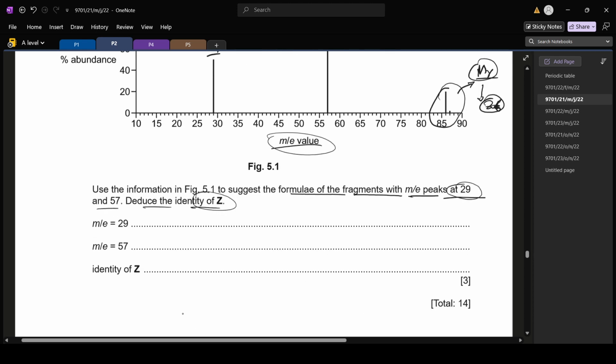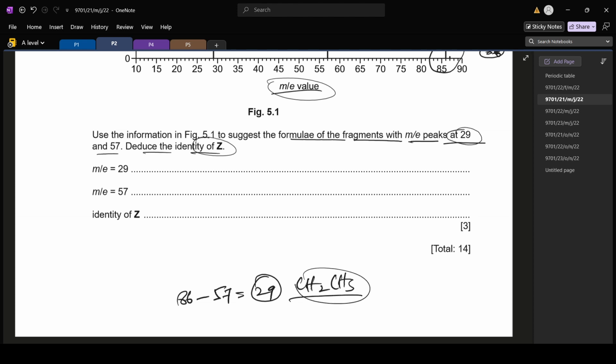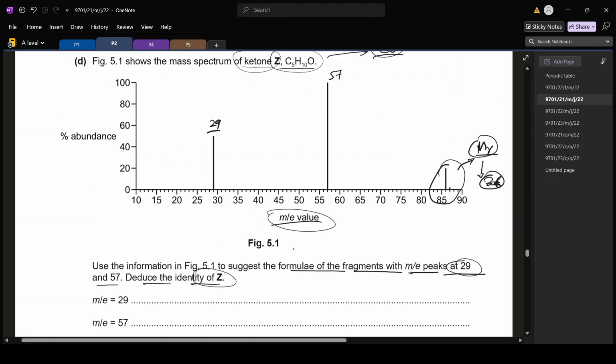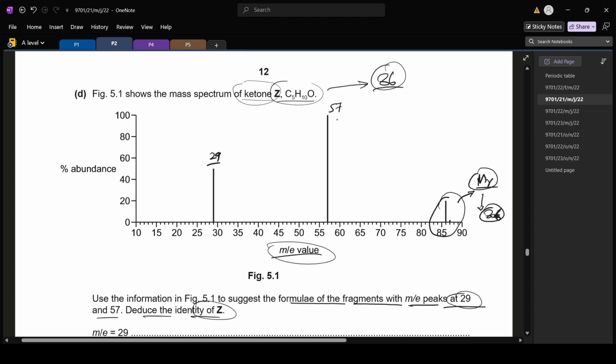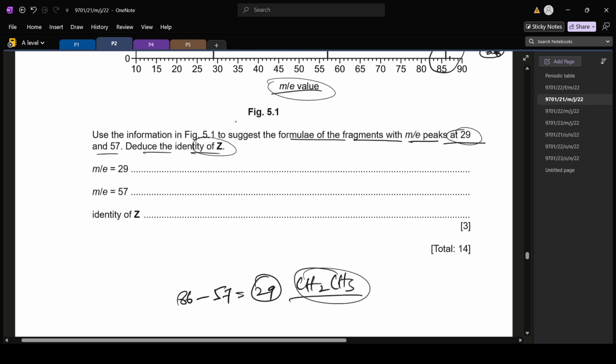So if you subtract 57 from 86, you will get 29. So 29 is the Mr of CH2CH3, which means an ethyl group is eliminated. And if you subtract 29 from 86, you will get 57.